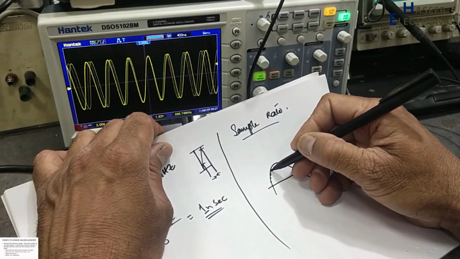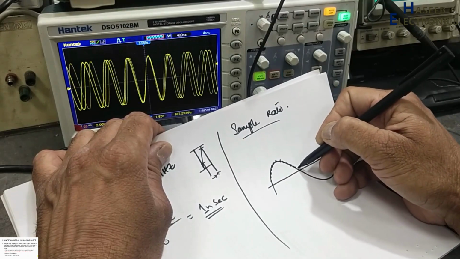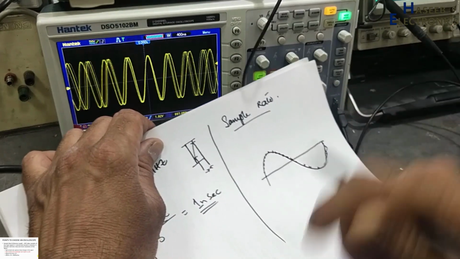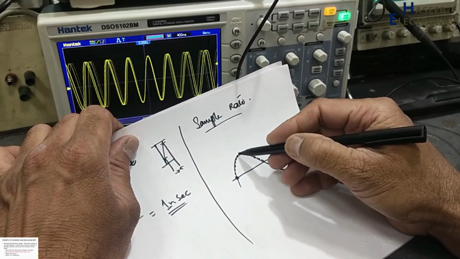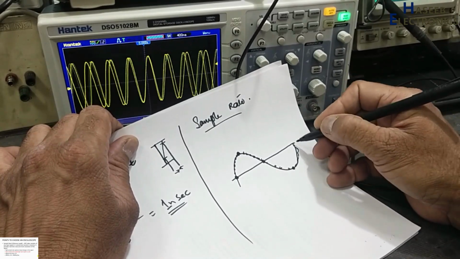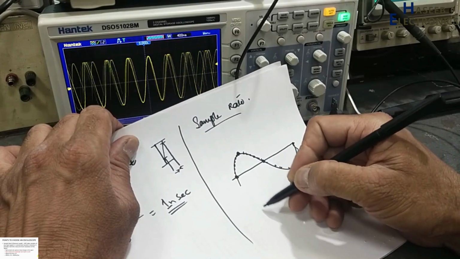It will take different points of this circuit. Let's suppose one sample from here, second sample from here, third sample from here, fourth sample from here, fifth sample from here. What will be displayed on the screen?